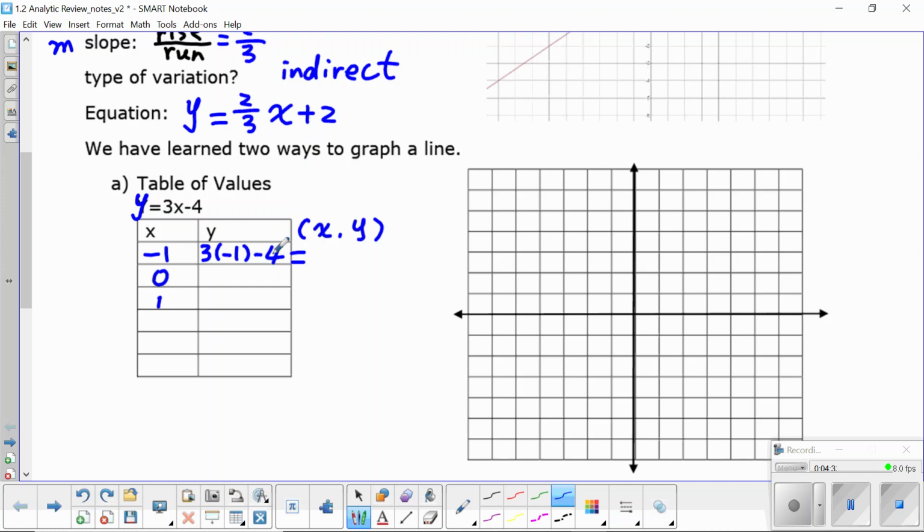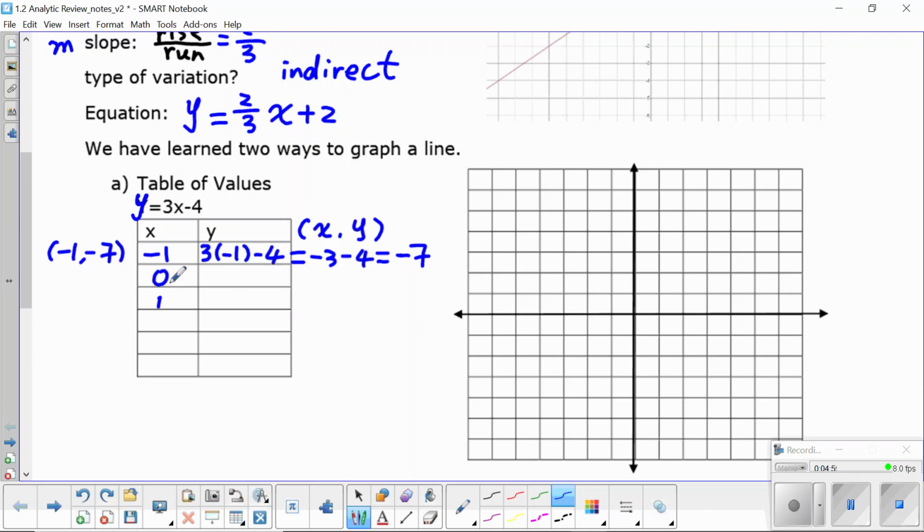Then we do the multiplication first, then adding and subtracting. 3 times -1 gives -3, then minus 4, you will have -7. The x and y values represent one point on the graph. This is how we use a table of values to graph a line.